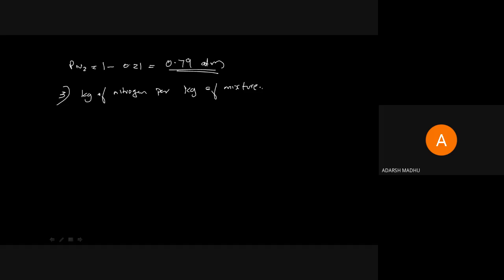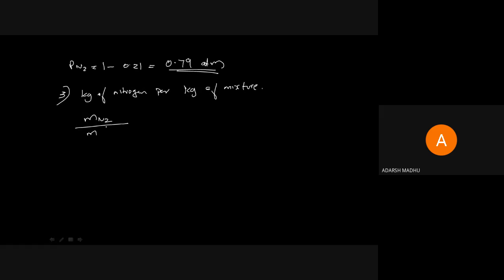Kilogram of nitrogen per kilogram of mixture means mass fraction, that is, mass of N2 divided by total mass.